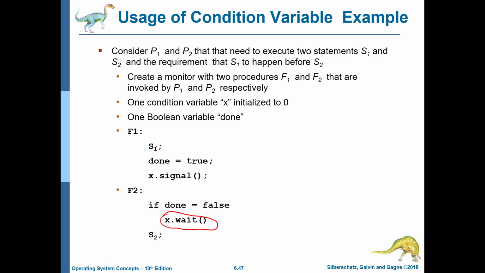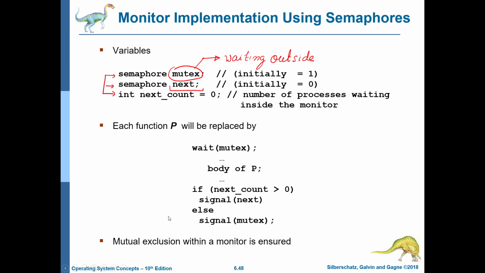So you relinquish the lock, but still you remain inside, and once you are signaled, you can execute. You don't need to grab the monitor lock once again. That is why we differentiate between waiting outside and waiting inside. The number of processes that are waiting inside, we say, is next count. Alright, so that is a key difference. When do you wait inside? When you are waiting on a conditional variable, that is called waiting inside.